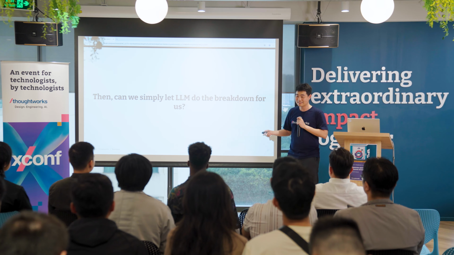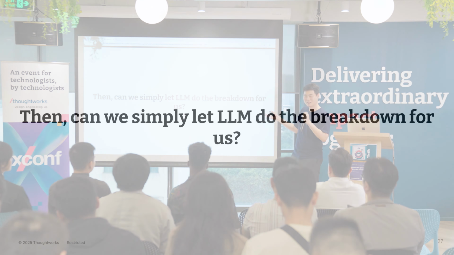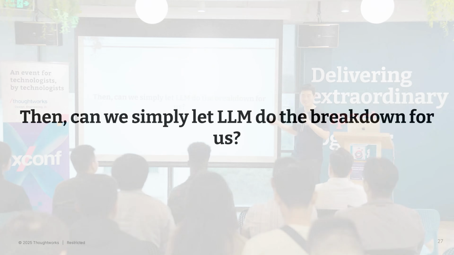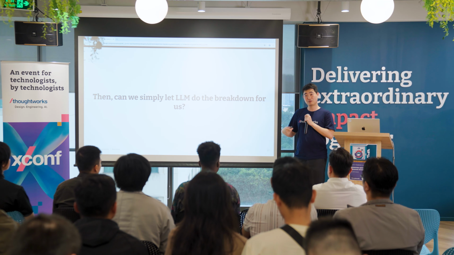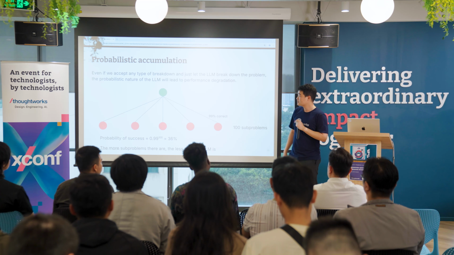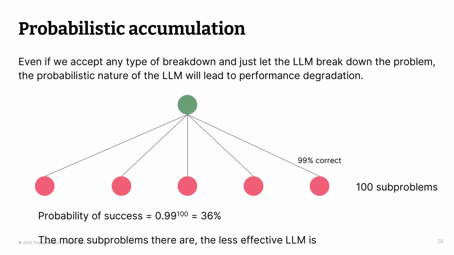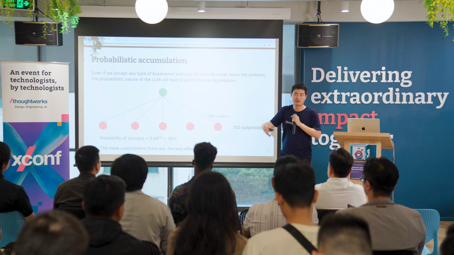Now the next question you might ask is, well, can we ask the LLM to break things down for us? The answer is technically yes, but there are two problems. The first problem is probabilistic accumulation. If you have too big a problem and you break it down into like 100 steps, each step has a chance of going wrong because the LLM is still non-deterministic.